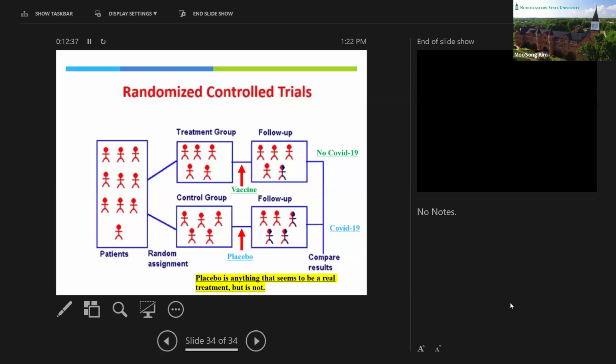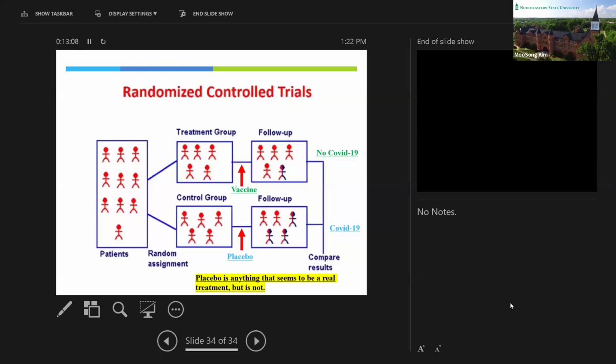But this one also has some issues. One of the issues for this RCT design is that there are ethical issues. For the study, can we ask people to smoke forcibly? We cannot do that. So that's why this kind of study is very, very limited in what we can do.